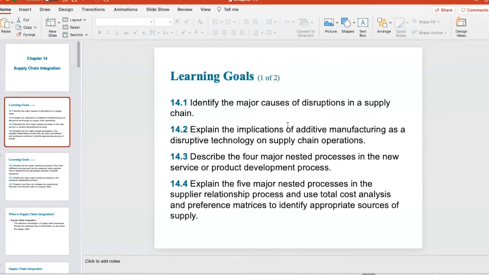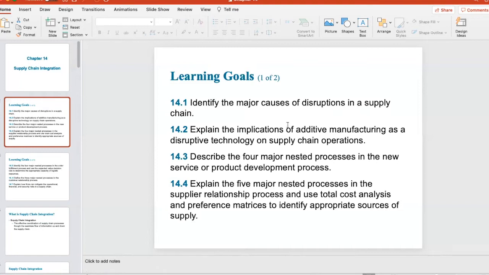Here, I list a few different learning objectives. We all know that if we cannot integrate the supply chain very well, then some disruption may happen. In this chapter, we will talk in detail about the potential causes of supply chain disruption and the consequences of supply chain disruption.